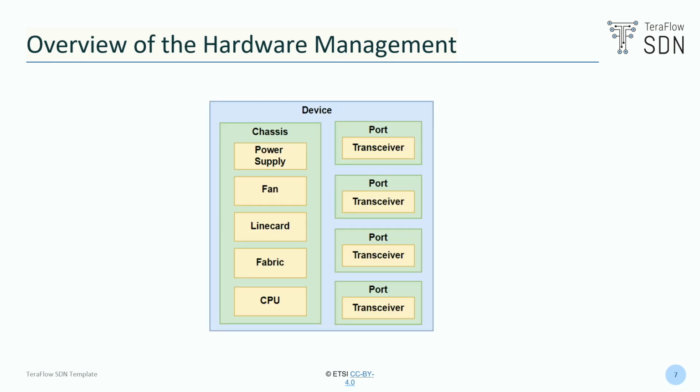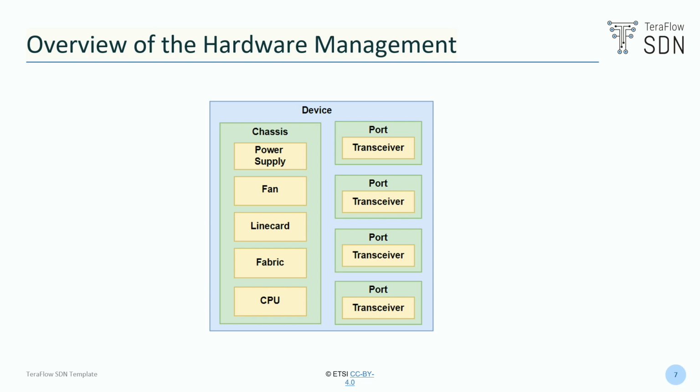And this is more or less the most important components that we identify, mixing the physical and virtual devices. So from the chassis, we have, depending, the power supply, the fans, the line cards, the fabric, and the CPU. The fabric, I think that it's only for the virtual devices.